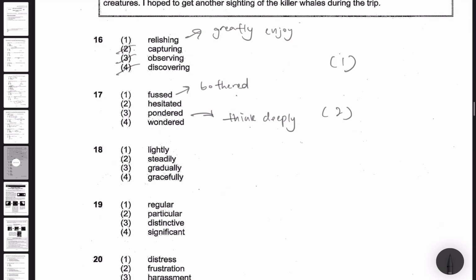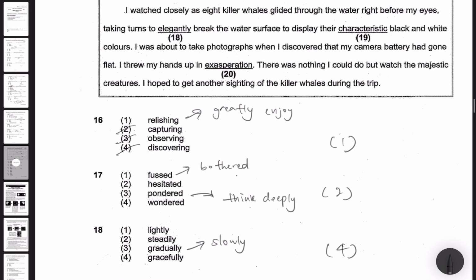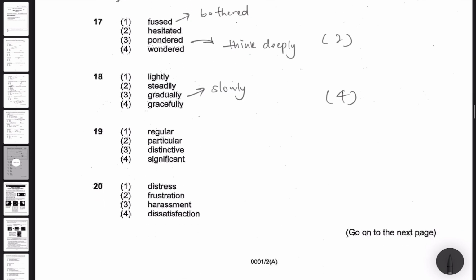18, elegantly. This is simple. I'm sure all of you know this. It is gracefully, right? To be elegant is to be graceful. What is gradual? Gradual is slowly. Okay. 19, characteristic, black and white. Characteristic means what? Unique to them. Okay. So it can't be regular. Regular means what? Everyone has it. Particular, not really. Particular means more like specific.